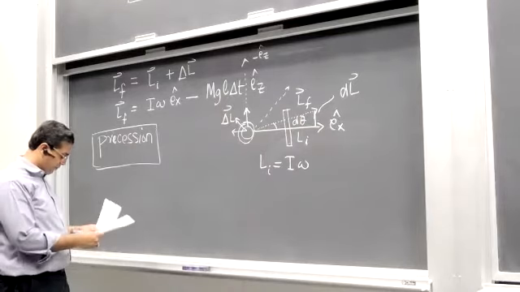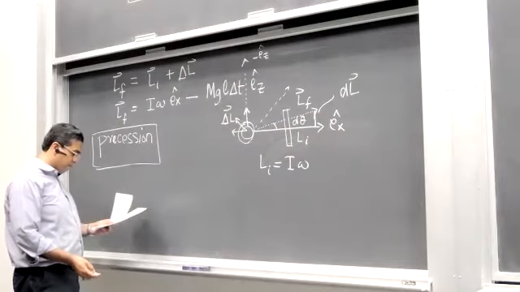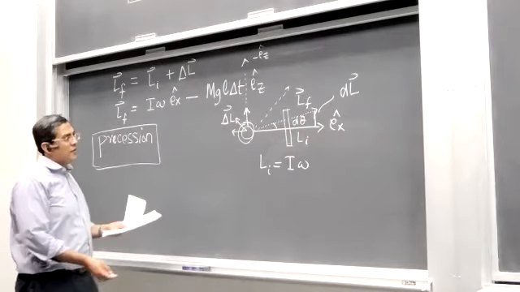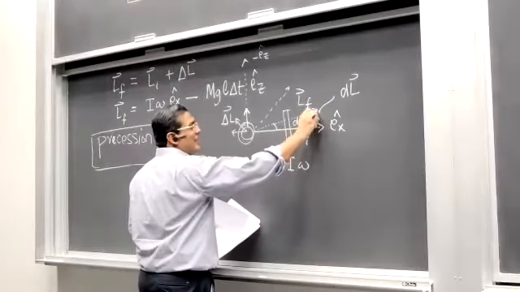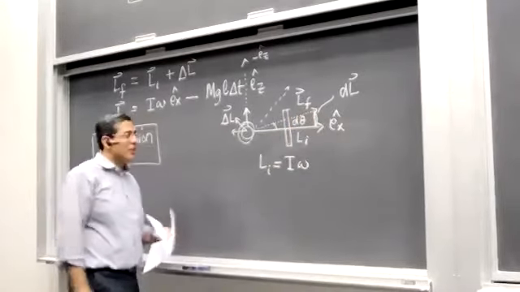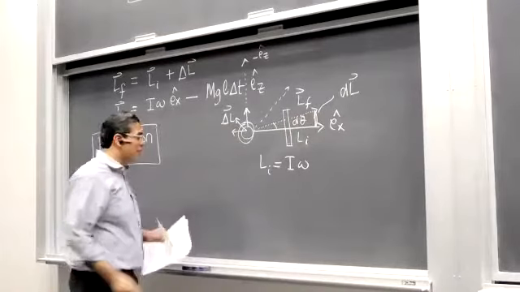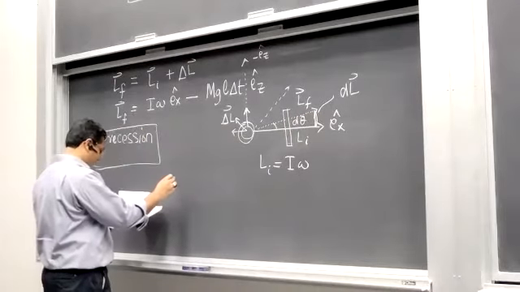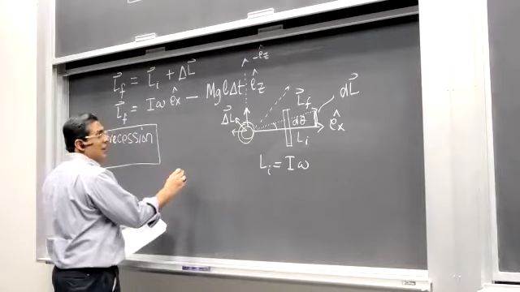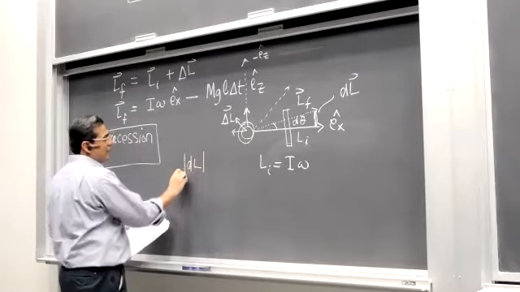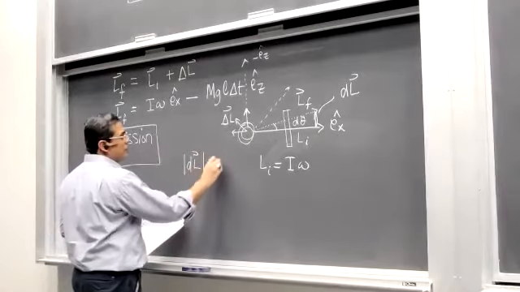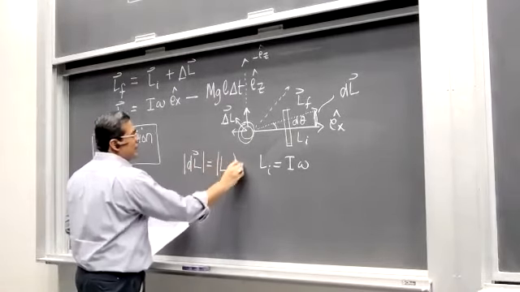So tan inverse dl over Li. But we can use something simpler. Let's say that the arc here and the straight line are approximately the same because the angle is very small. So what would be the angle then? The arc dl, the magnitude of course, would be equal to Li magnitude d phi, no?